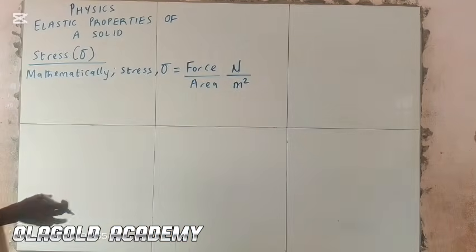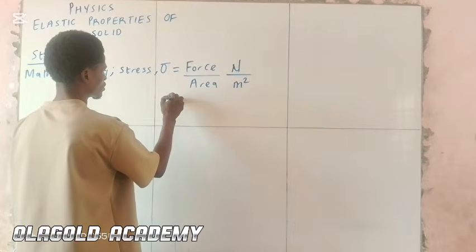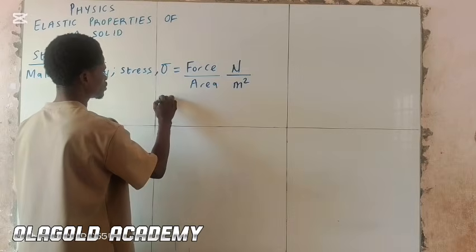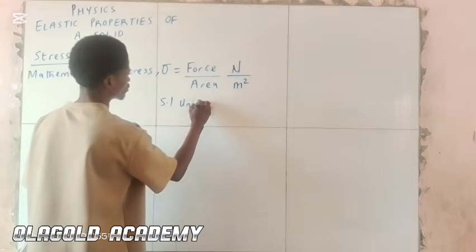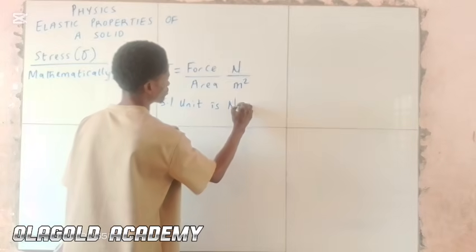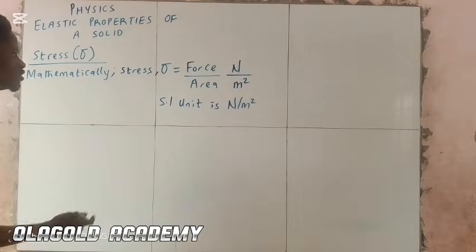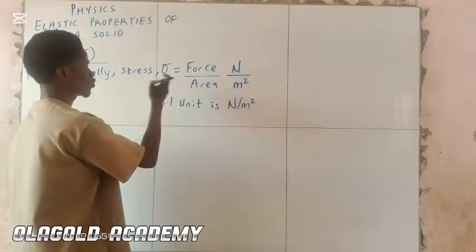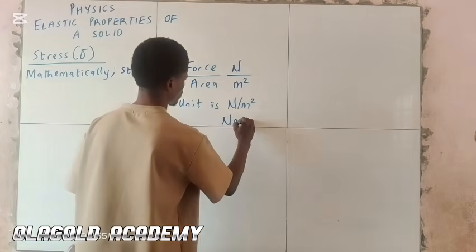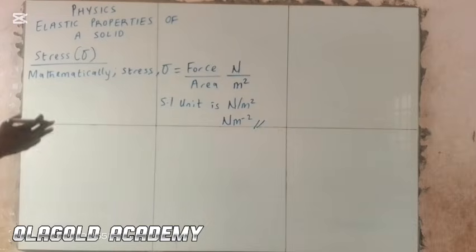So the SI unit of stress, which is sigma, is Newton per meter squared. So we have this as the SI unit for stress.